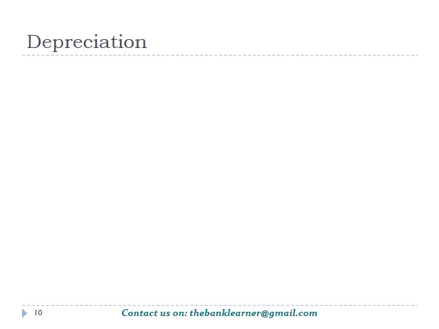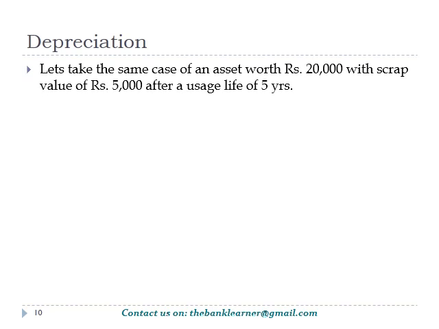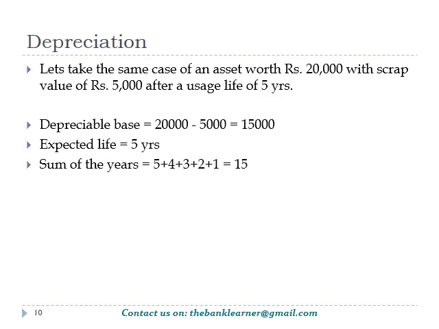In order to understand well, we'll take the same previous example. Here, the depreciable base equals 20,000 minus 5,000, which is equal to 15,000. Since the expected life is 5 years, the sum of years digits is 5 plus 4 plus 3 plus 2 plus 1, that is 15.